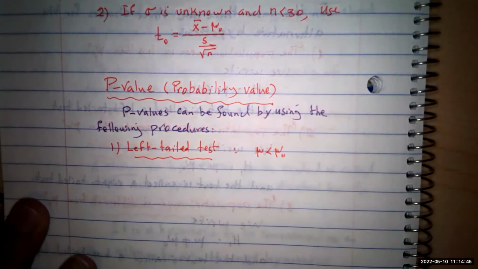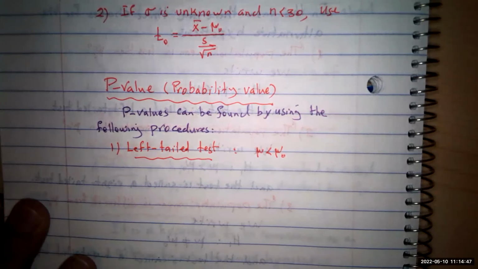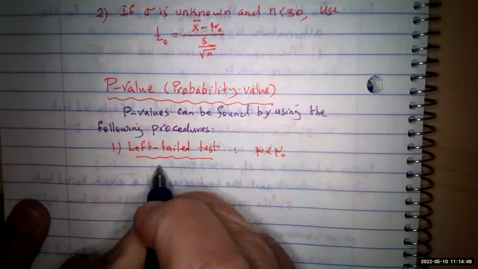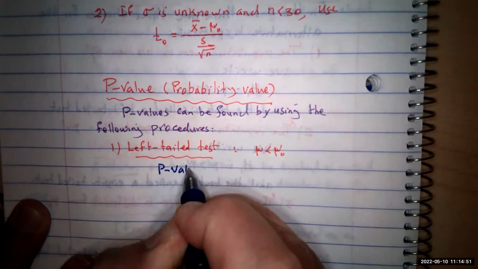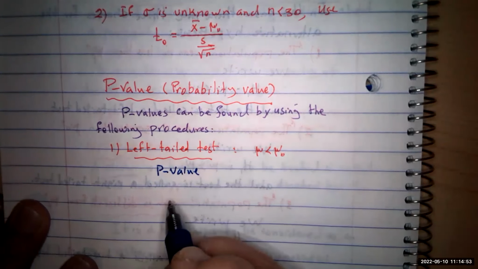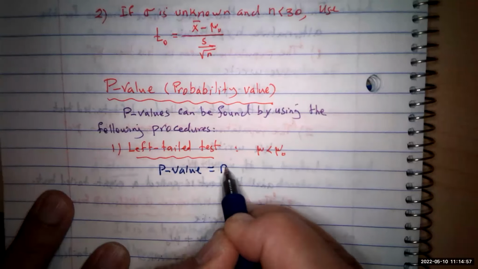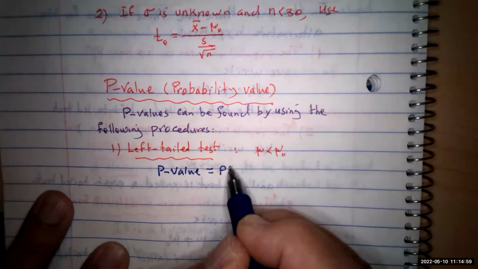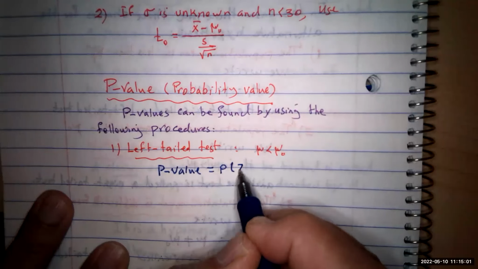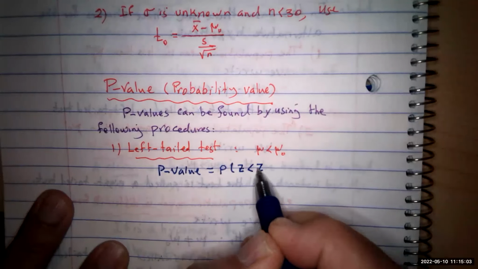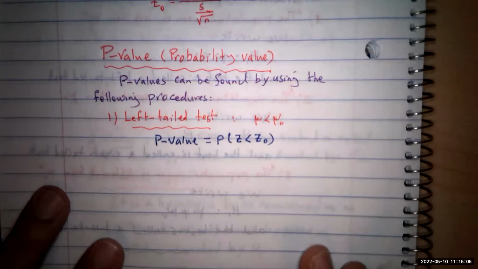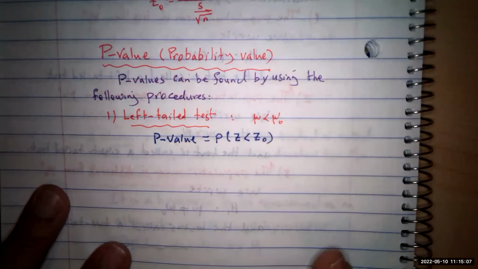So your p-value, just call it p, is going to be the probability that Z is less than Z naught. And you know that this is the area to the left, and you get it right away.